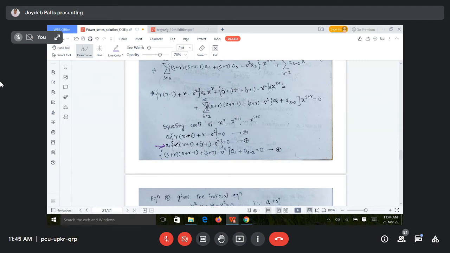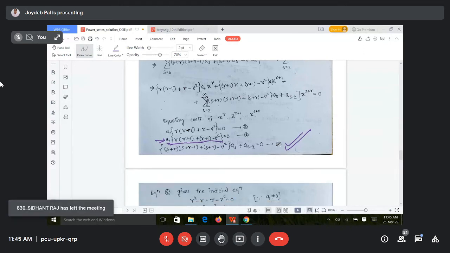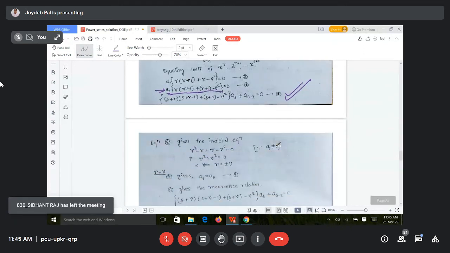We initially assumed that a0 is not equal to 0. a1 can be 0, and the second equation implies that a1 is equal to 0. Okay, and equation number 4 here is the recurrence relation. So see, it is our indicial equation and these are the roots.